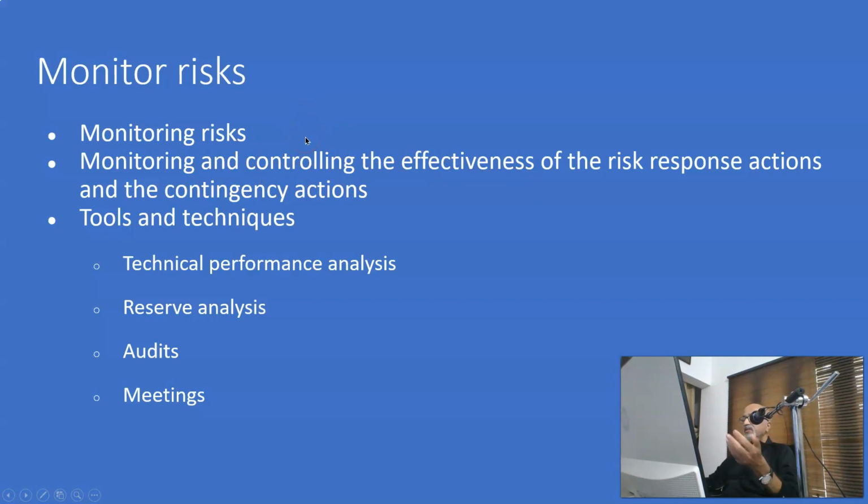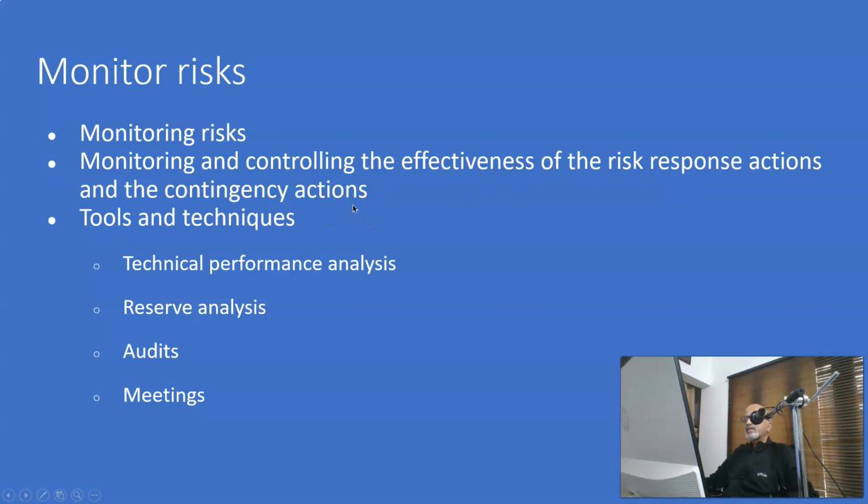Primarily we do monitoring of the risk because new risk can occur, existing risk can become obsolete, and a fully managed risk can be removed from the risk focus items. And monitoring and controlling the effectiveness of the risk response actions and the contingency actions.